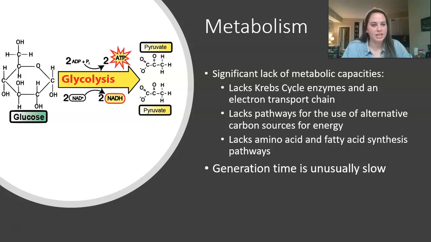The generation time is also unusually slow, about 33 to 36 hours for replication, and this is due to the fact that it only uses glycolysis for ATP production, and it lacks the enzymes catalase and oxidase, which help detoxify oxygen, and it's very sensitive to temperature and pH.